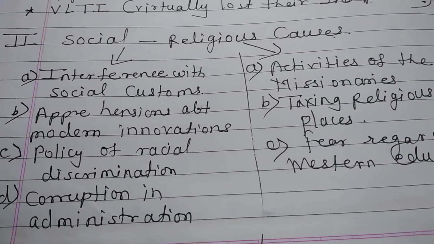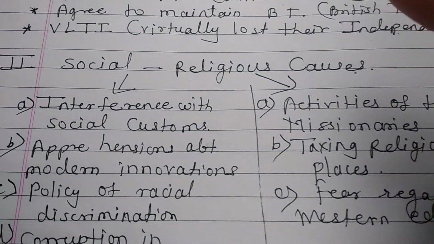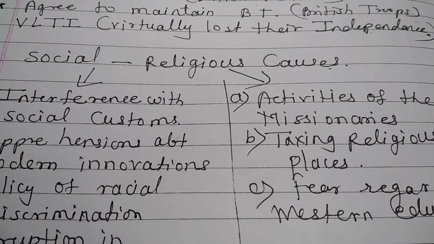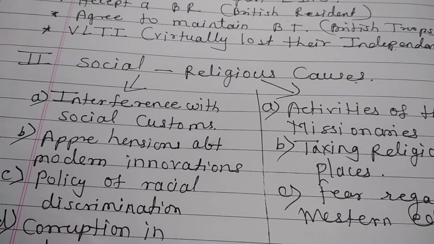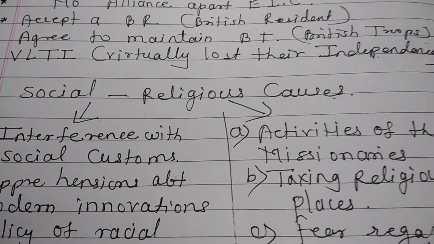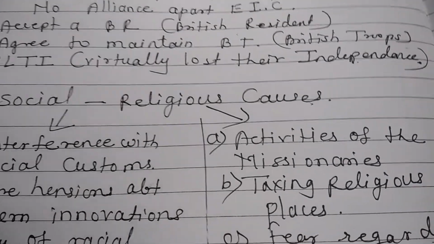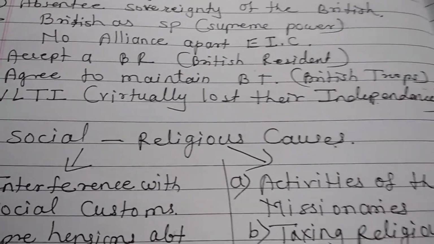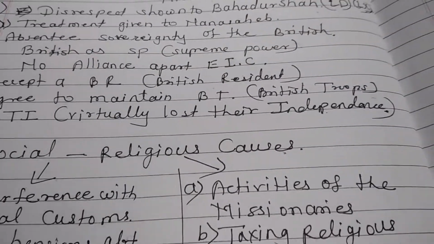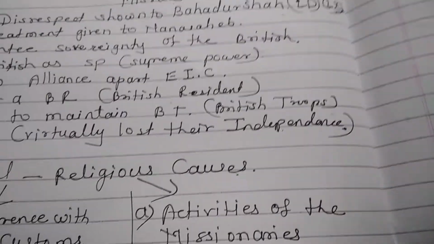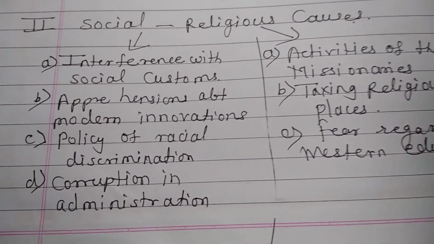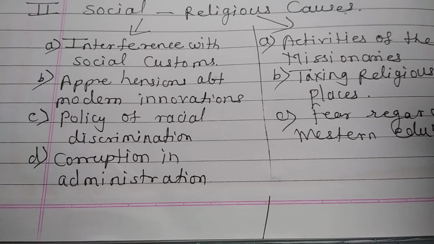Then apprehensions about modern innovations. Various types of modern things were brought to India by the British officers, like Lord Bentinck, who brought new modern ideas to Indian society, which were not accepted by orthodox Indians.